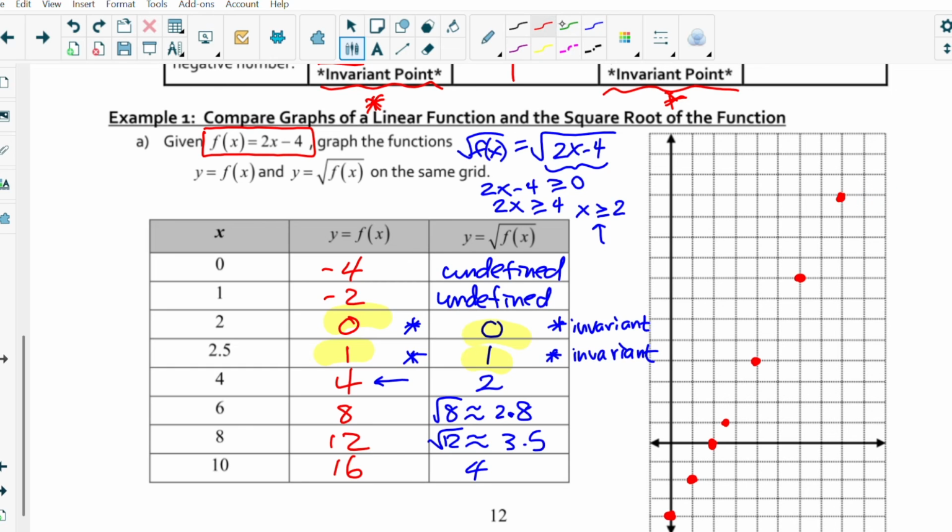Okay, and I'll just stop there, running out of room. All right, so let's draw a line connecting these.